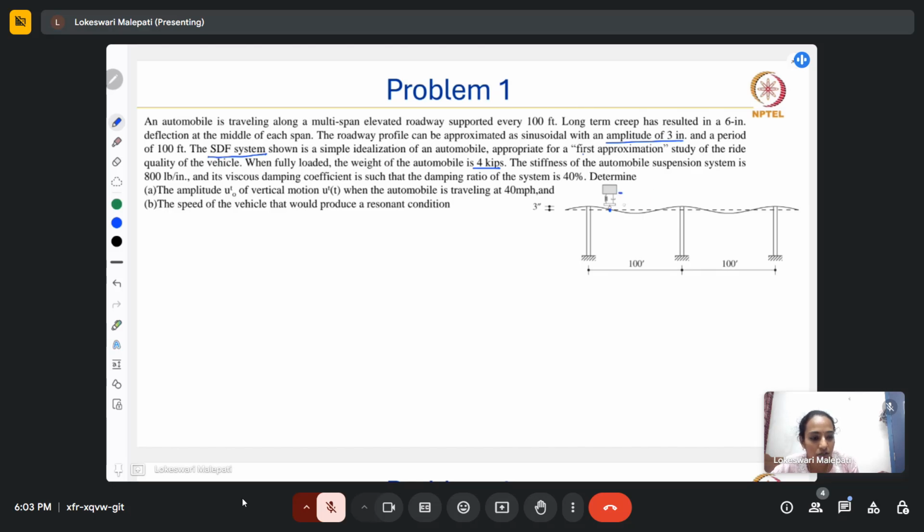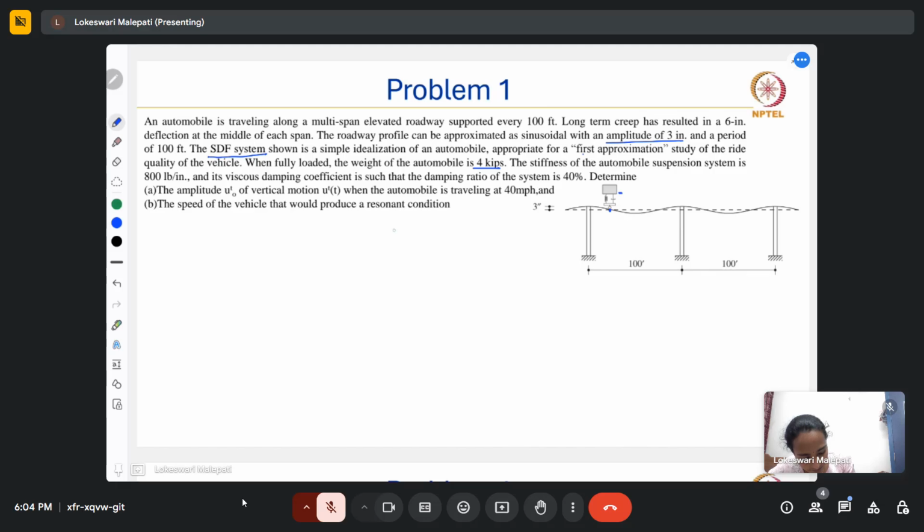This problem is very similar to the displacement that will be transferred to the mass because of earthquake motions. Now we'll see how to write the equation of motion for this and solve these two parts.